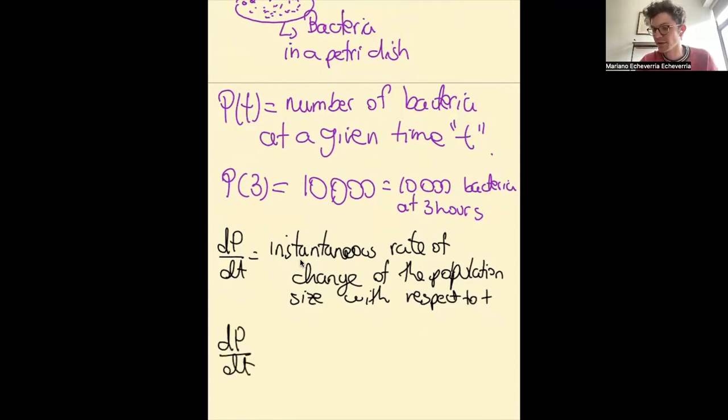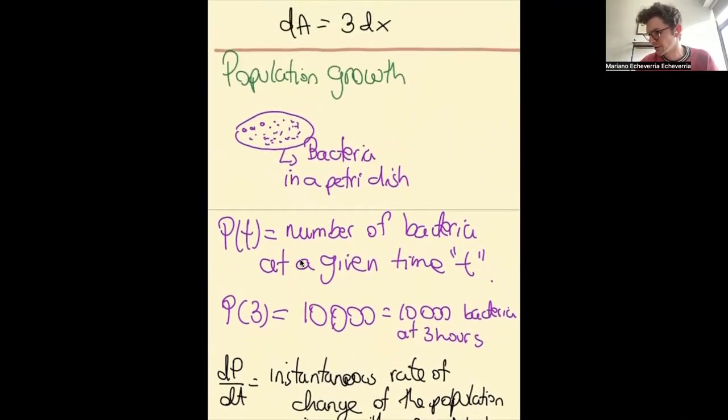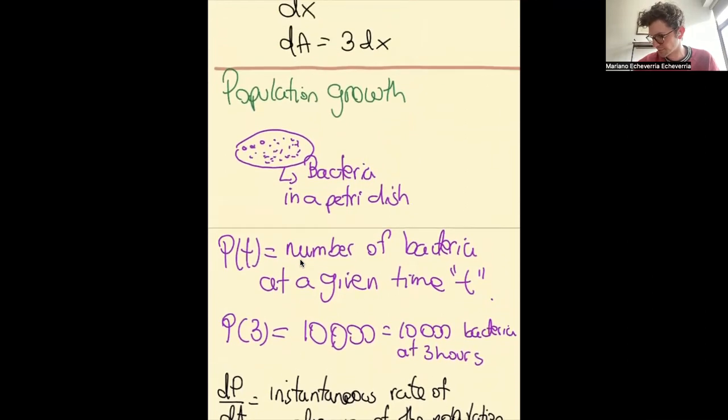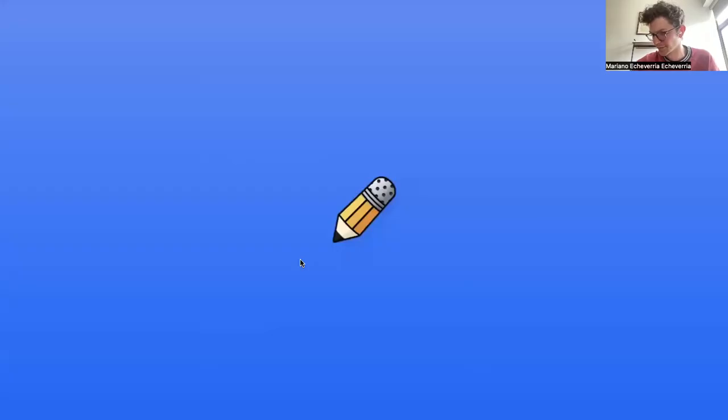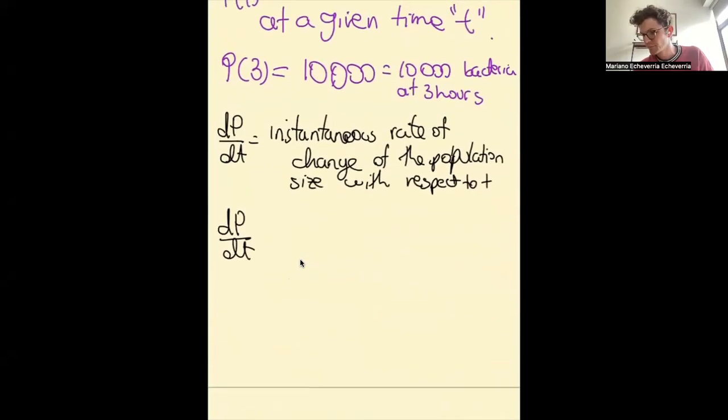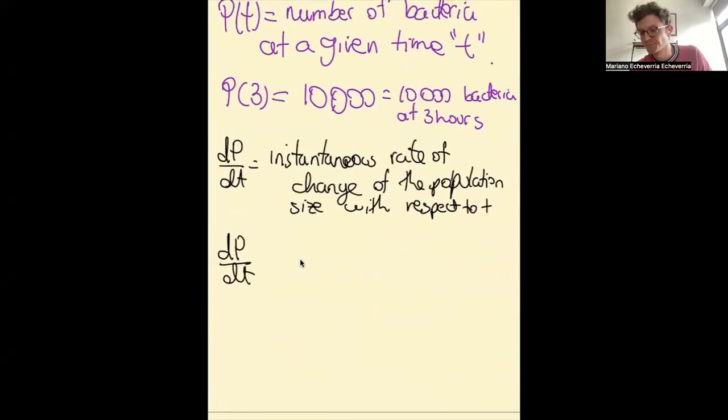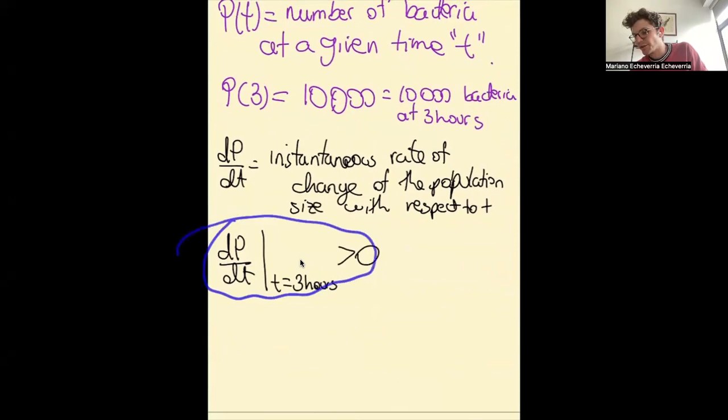So for example, let's say that you know that the value for this derivative when the time is 3 hours is positive, right?